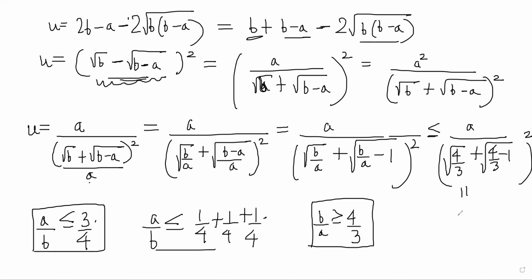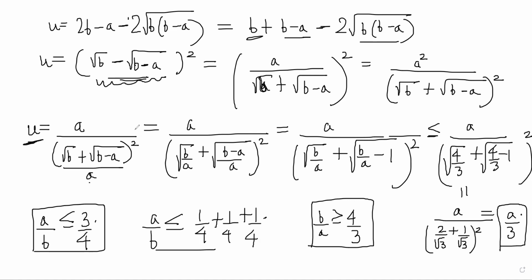Which is equal to a by root over 4 by 3, which is 2 by root 3 plus 1 by root 3 whole square. So actually this is going to be 3 by root 3, or root 3, whole square. So this is a by 3, right? So technically what I have shown here is u is less than or equal to a by 3, right?